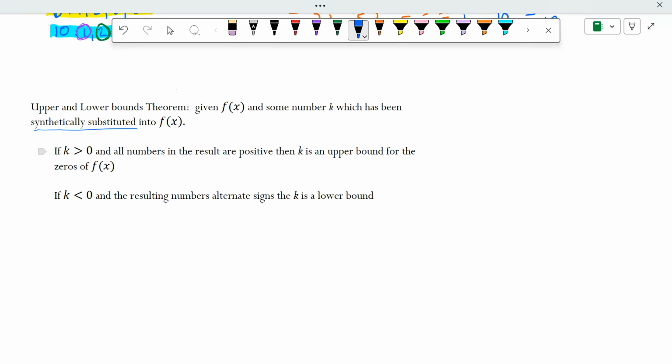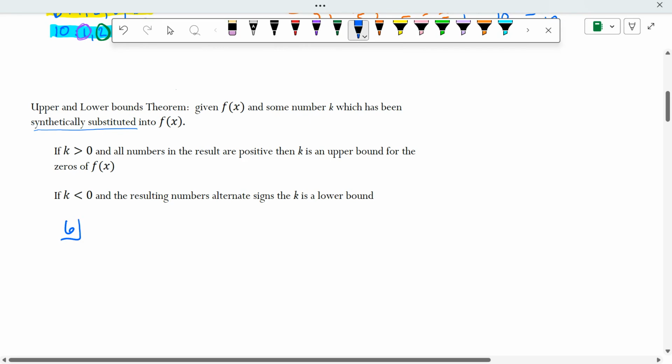So if I were to test 6 into some polynomial synthetically, I should write the polynomial. Let's call it f of x is 2x cubed minus 4x squared plus x minus 1.